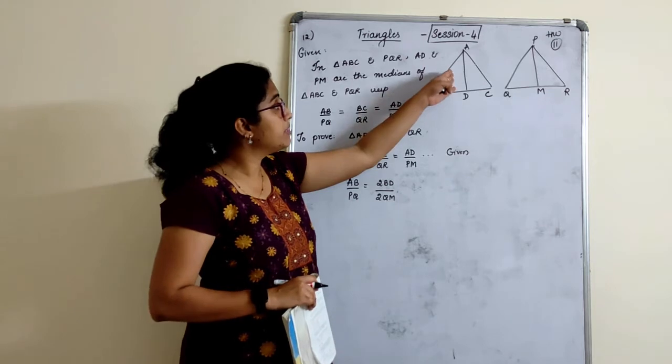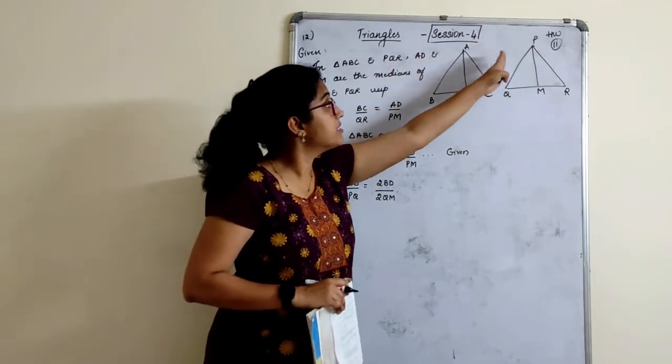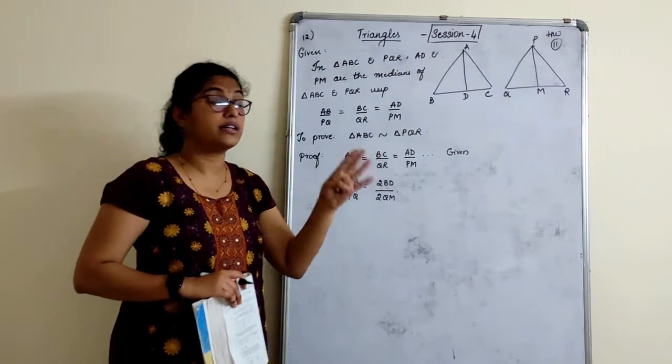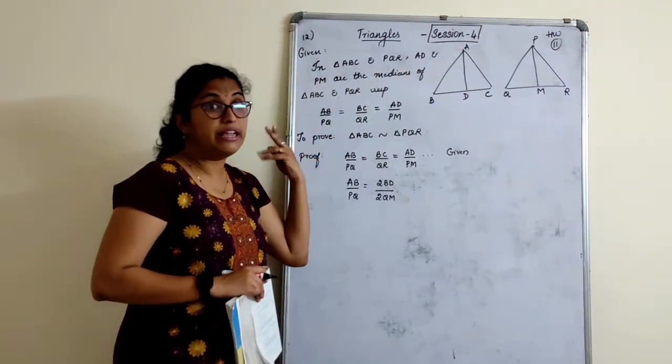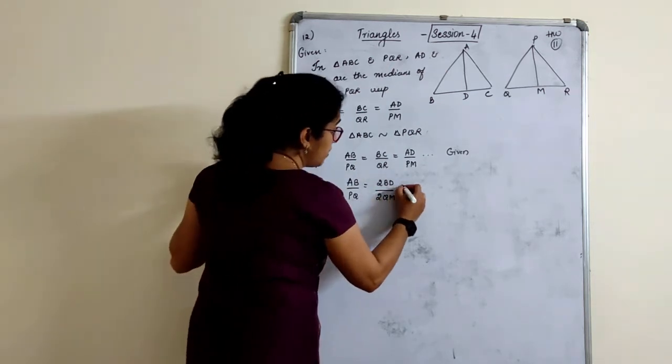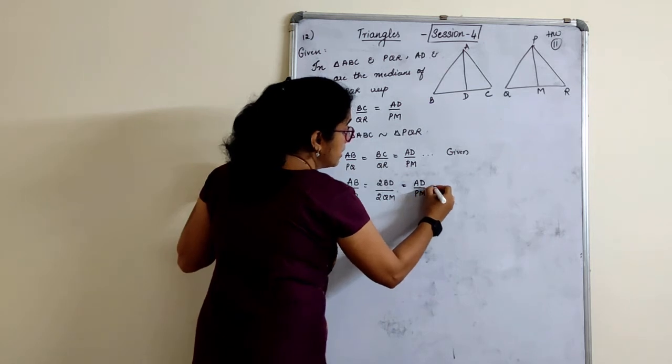Why am I choosing that? Because we are talking about this part of the triangle. I know that this side is proportional to this side. This side it's not there, we have to prove it. So I am not touching that side of the triangle. I am only using the left hand side of the triangle. 2 BD upon 2 QM is equal to AD upon PM.